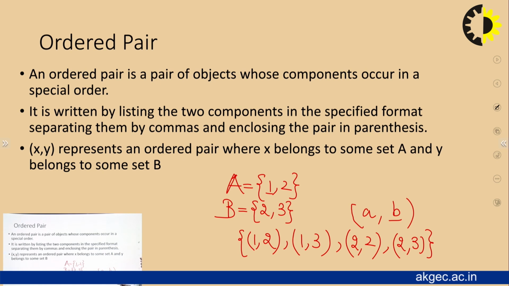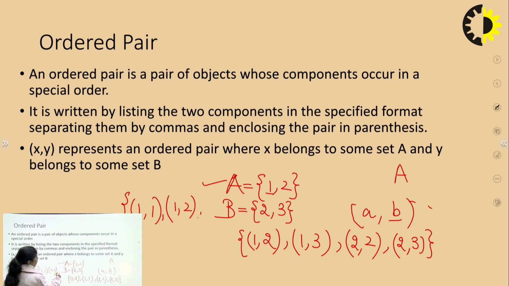But it can be the case that I am mapping set A with set A itself. In this case, it means that the elements of set A will be mapped with the elements of set A itself. So for this particular case, I can write the elements like (1, 1), mapping of 1 with 1, then I can have (1, 2), then even I can have (2, 1) and (2, 2).